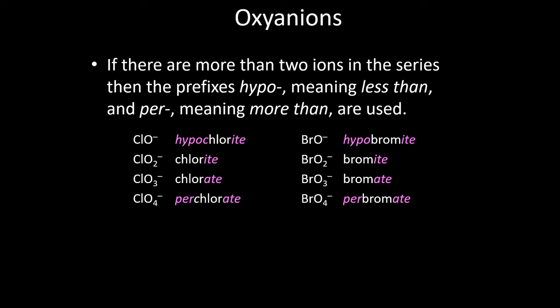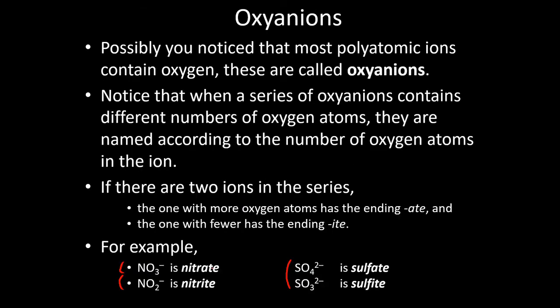The naming convention here is that if you only have 2 ions in a series, the one that has more oxygens, the name will end in ate, and the one that has fewer oxygens, the name will end in ite. So this is what we saw with nitrate and nitrite, and sulfate and sulfite. The one that had more oxygens ended in ate, the one with fewer ended in ite.